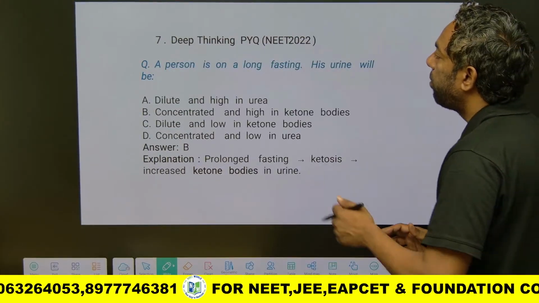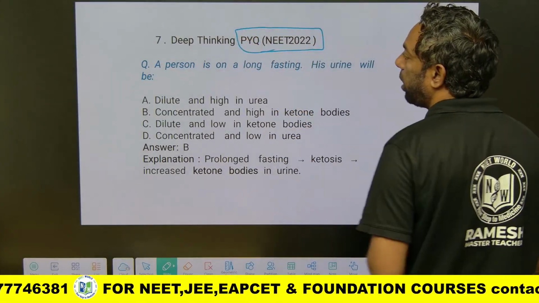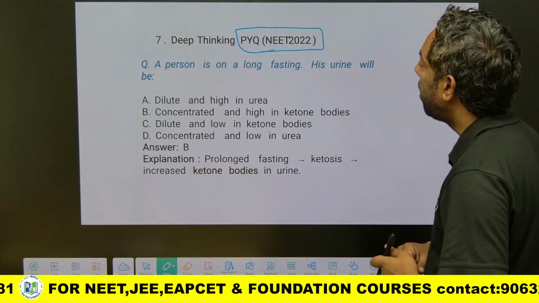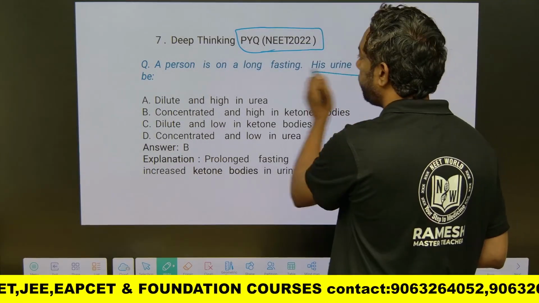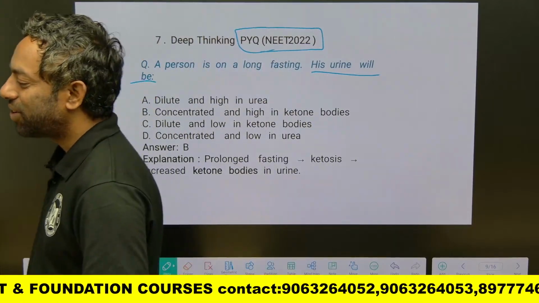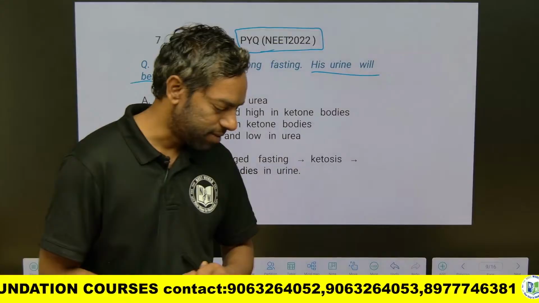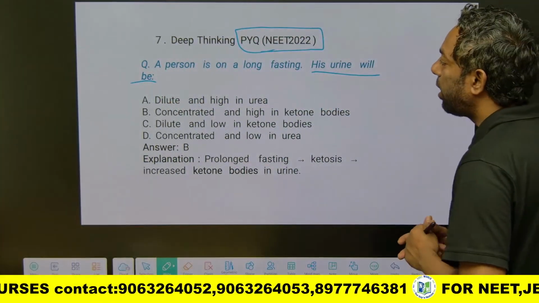Deep thinking PYQ, which is 2022 NEET. A person on a long fast, his urine will be. This is also deep thinking. Like a doctor, you have to understand the question. Dilute and high urine.